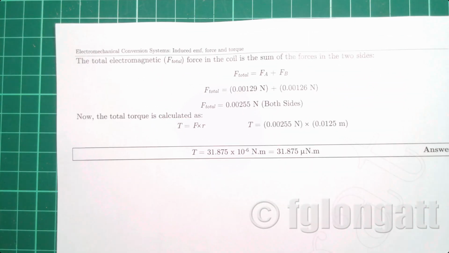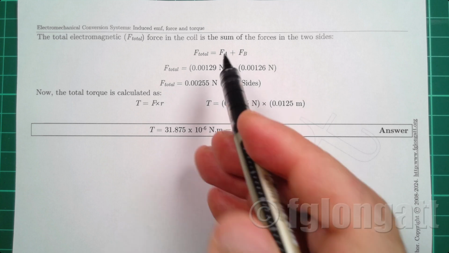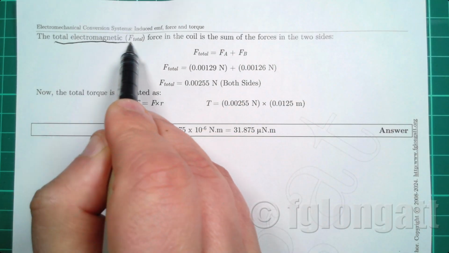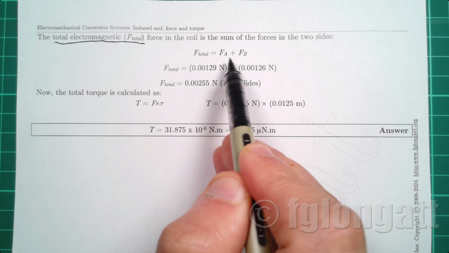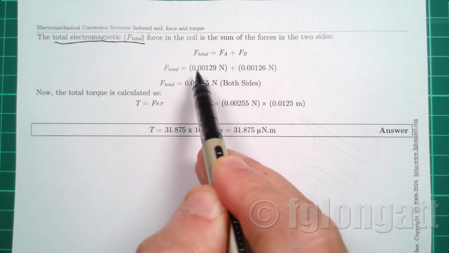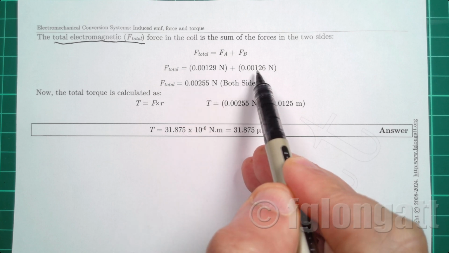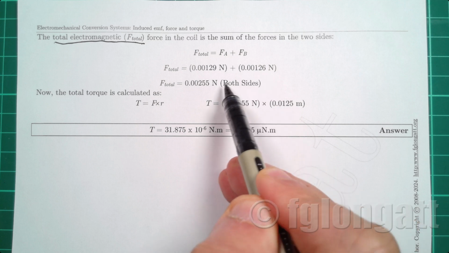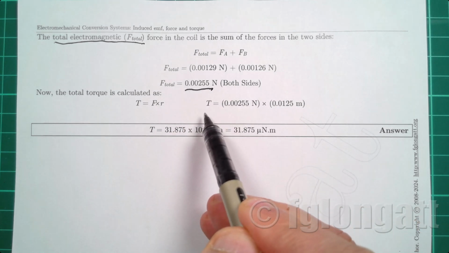What I will do now is basically we can calculate the total force, the total electromagnetic force. That will be the force on the side A plus the side B. You have the numerical value over here, 0.00129 plus 0.00126, and we obtain here an equivalent total force.